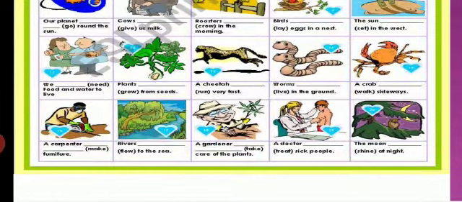A carpenter makes furniture. Rivers flow to the sea. A gardener takes care of the plants. A doctor treats sick people. The moon shines at night.